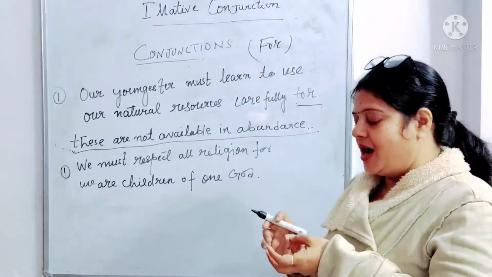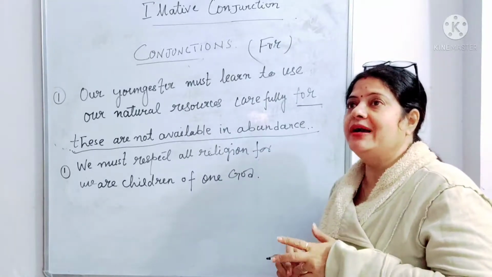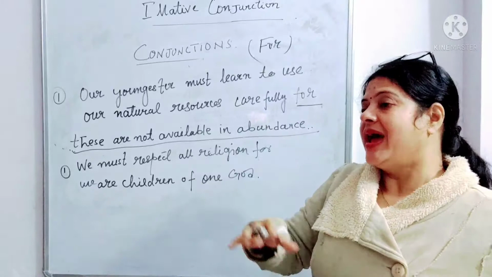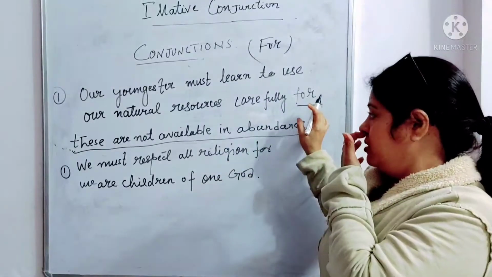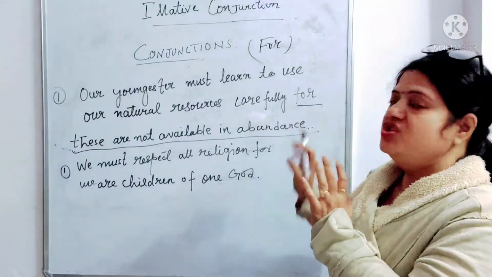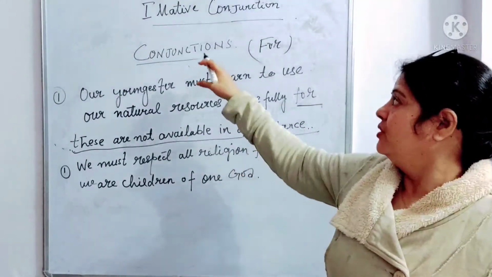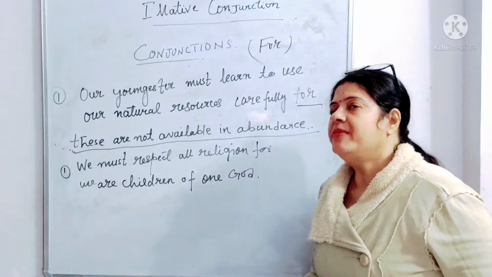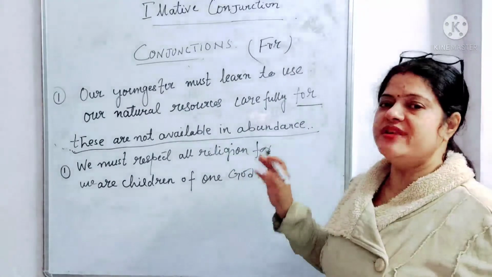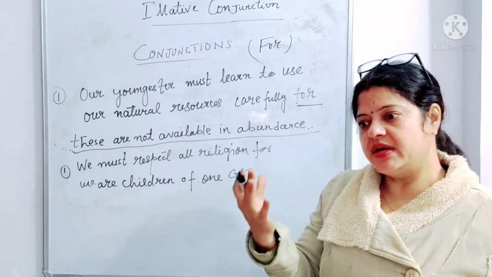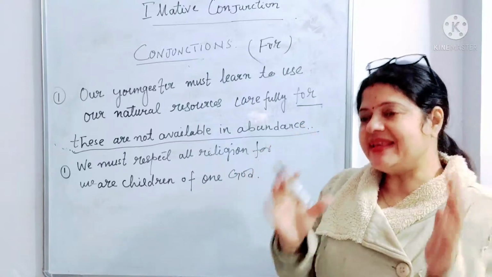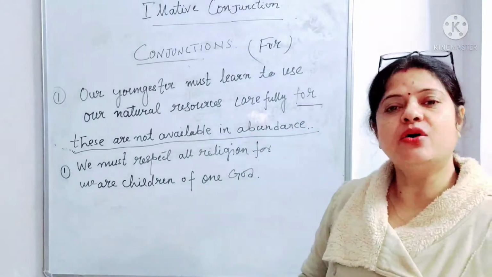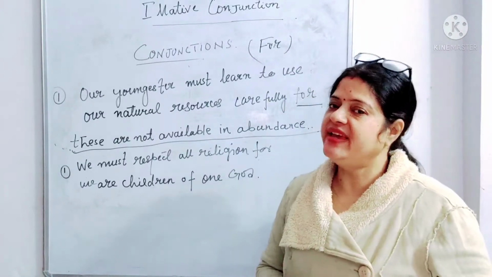Well, I cannot tell you why this exact conjunction is used for compound sentences. There might be one reason: because actually tells us the exact reason for something, like Tom cannot attend the college because he is ill.